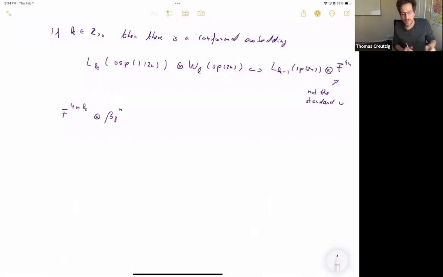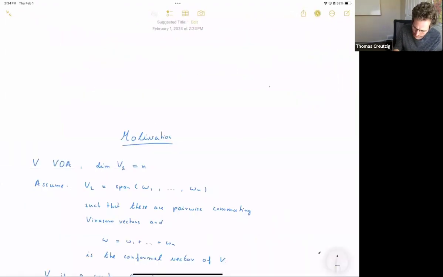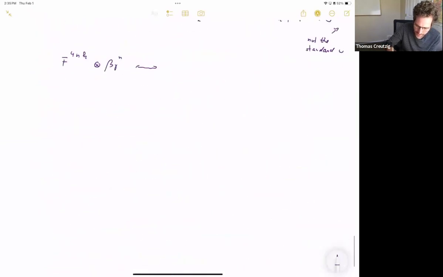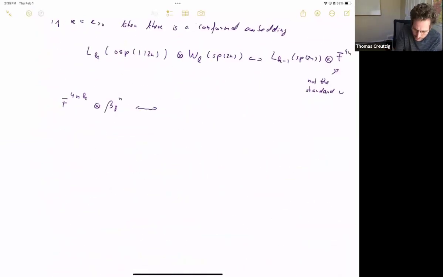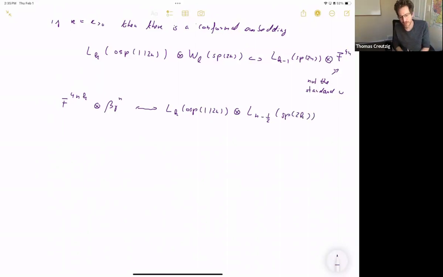And very often when you have this, it gives rise to some kind of level rank duality. And in this case, this also happens. The level rank duality is the one where you have an embedding of your OSP1/2n affine VOA, exactly the one we are looking for, and its commutant is an affine VOA of type sp2k, and the levels and ranks are somehow interchanged.